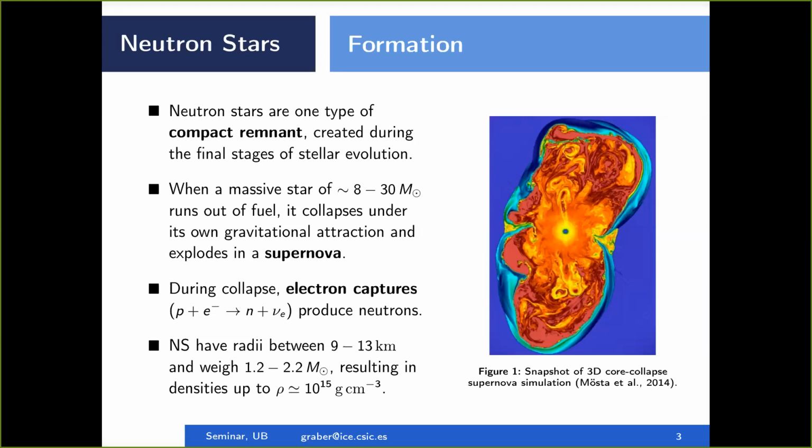So they typically have the size of a city, with a radius of something like 9 to 13 kilometers, but they weigh about 1.2 to 2.2 times the mass of our sun. And if you look at these numbers and extract the density that you can probably reach in the center of this object, it is something on the order of 10 to the 15, which exceeds what we know from the densest material on Earth.